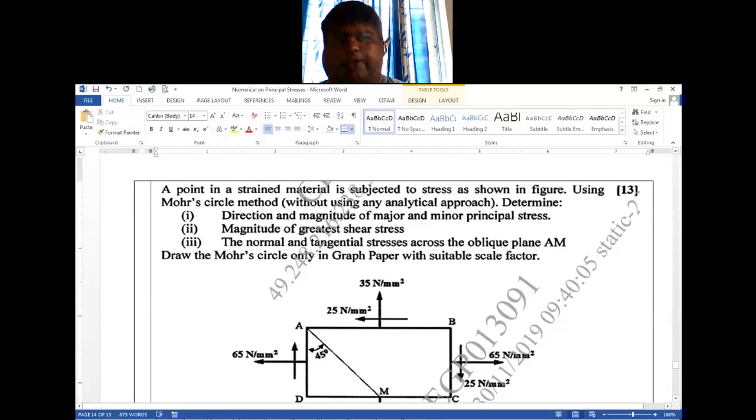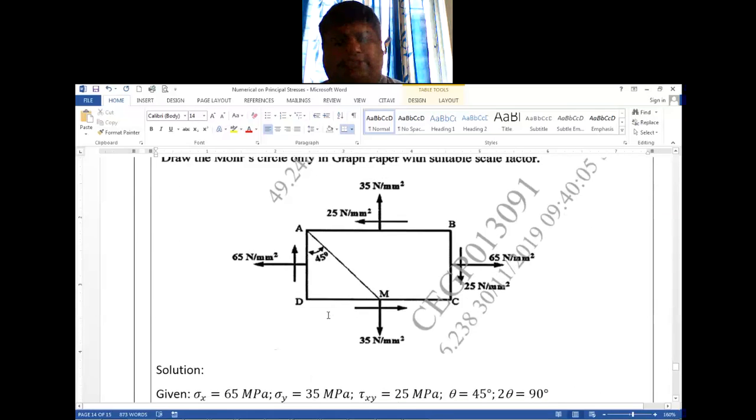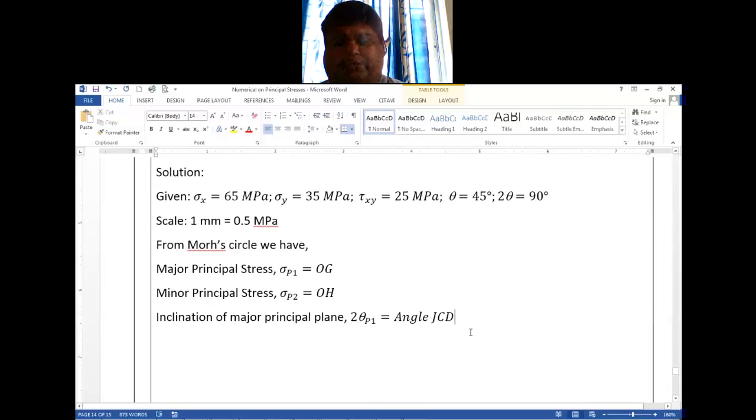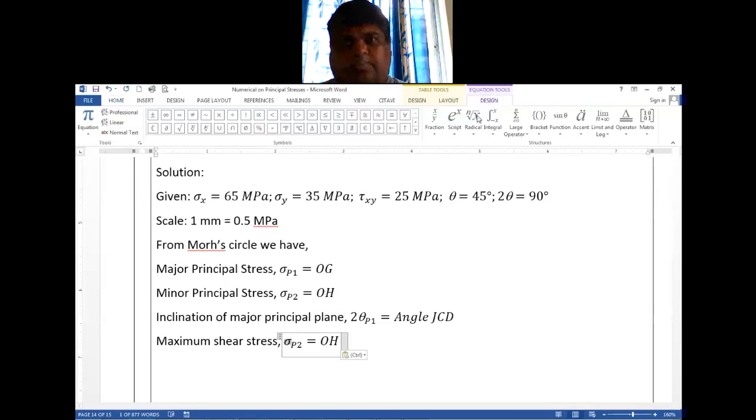Then he has asked magnitude of greatest shear stress. So that is tau max, maximum shear stress, tau max.